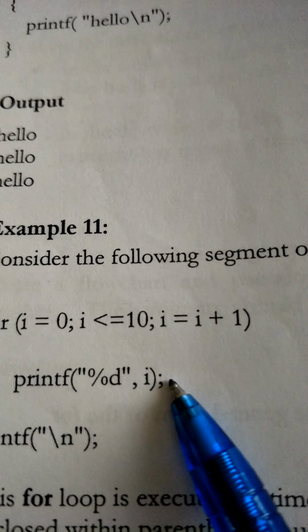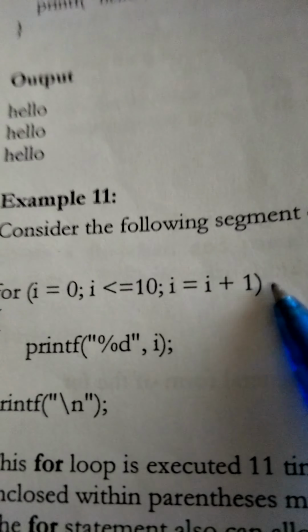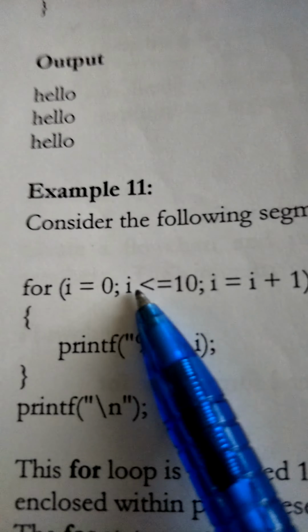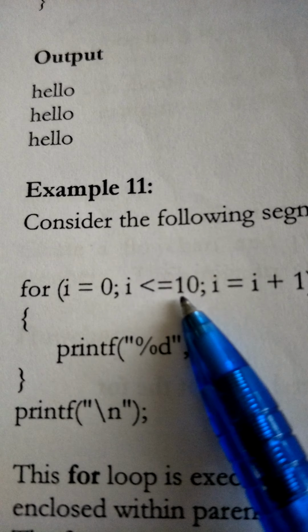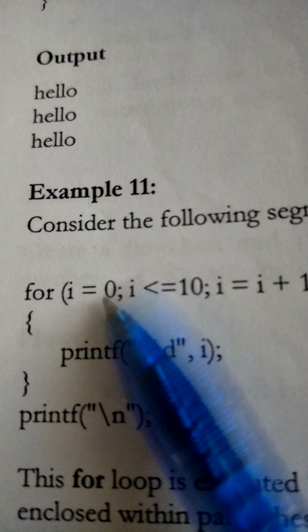So print I. The value of I is 10. So you have 10 here. And then increase I by 1. 10 plus 1, you got 11. Check for the condition: 11 less than or equal to 10, not true. So once this is not true, it goes out of that loop.